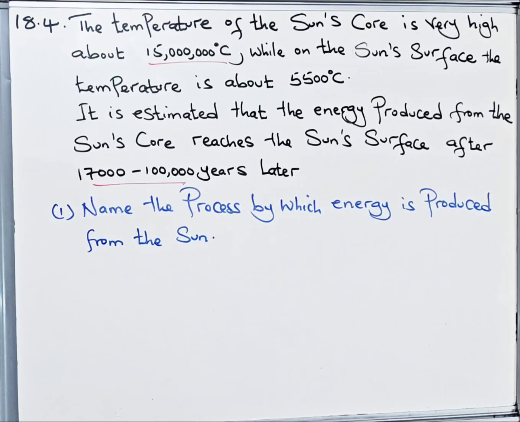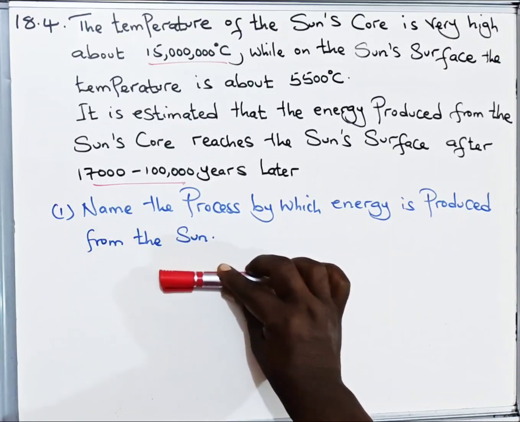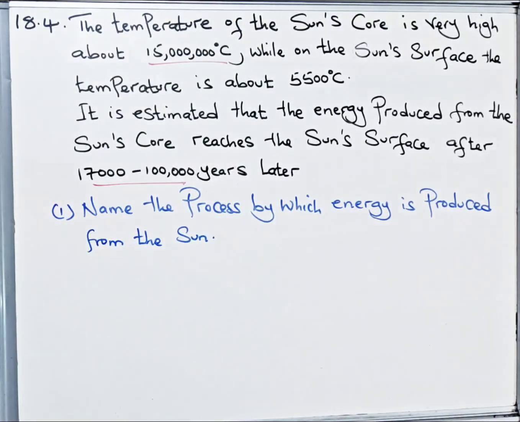So it was produced a long time ago. But that's not the question. The question is here. It says, name the process by which energy is produced from the sun. How does the sun produce energy? The process is called nuclear fusion.